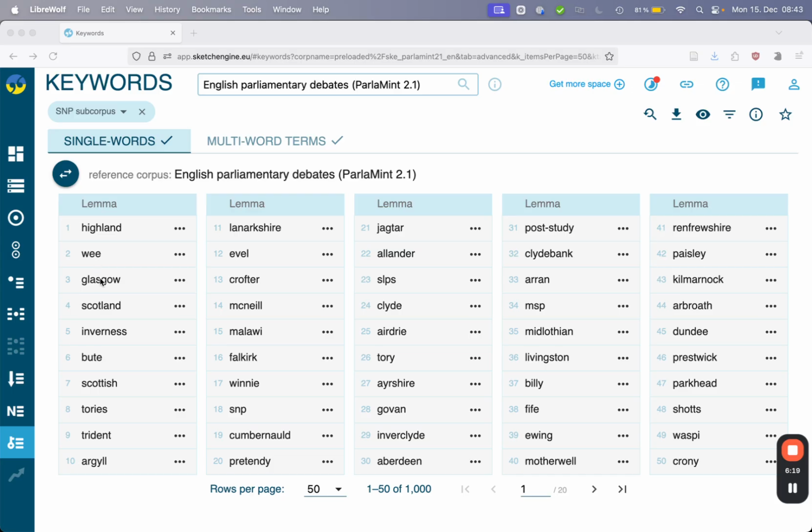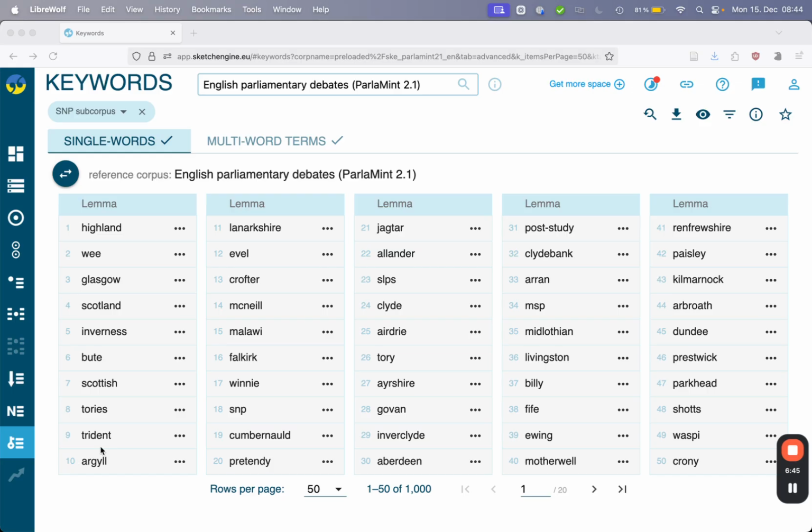We have some cities like Glasgow and some regions, Inverness, we have the adjective Scottish. We also have some opposition, so presumably the SNP MPs speak a lot about the Tories, so about a party that they usually disagree with. And then some projects that are specific to Scotland as well.